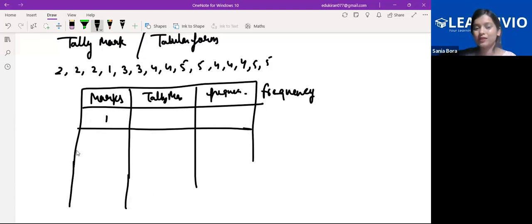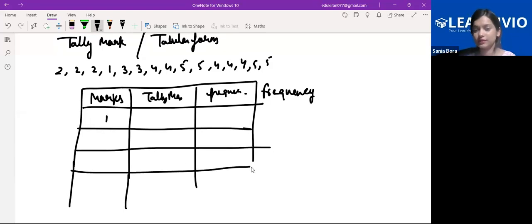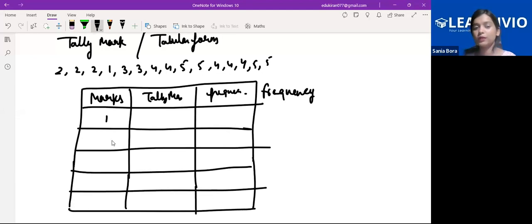Let's write 1, 2, 3, 4 and 5. So 1 is coming how many times? 1 time. 2 is coming 3 times. 3 is coming 2 times.